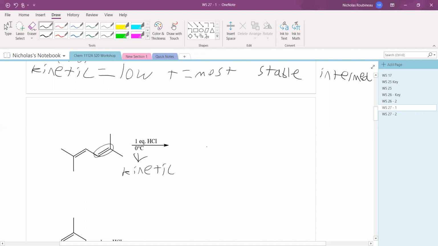And I'm going to draw both products to show you the difference between them, because I think the better way to approach this would just be to look at all possible outcomes and then figure out which one would fit with whatever control you have. So a 1,2 product here would be this, because this is where the double bond was, so that's where the chlorine ends up.